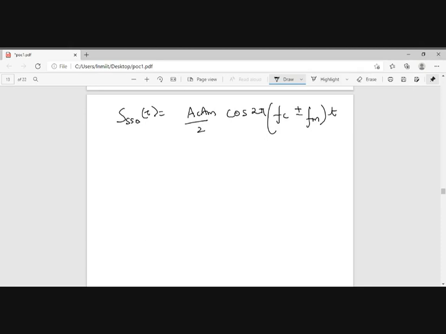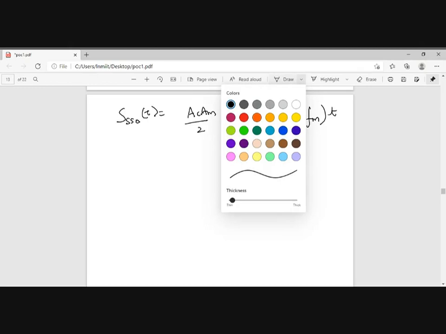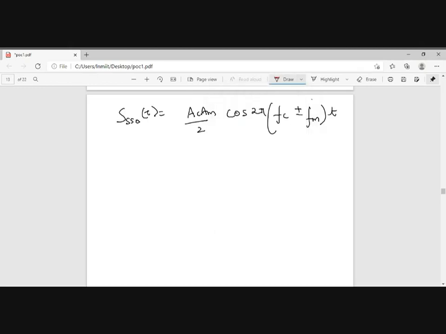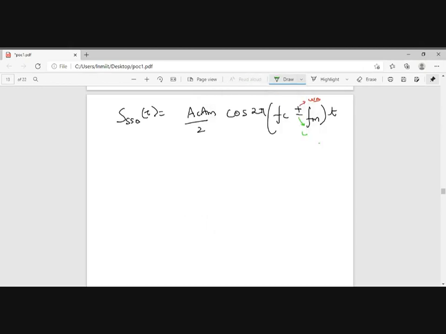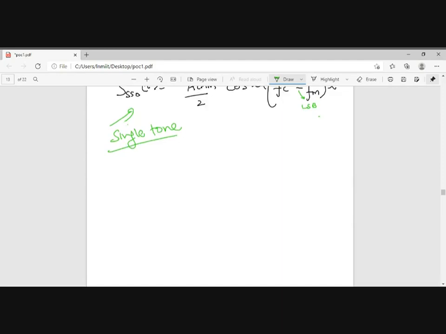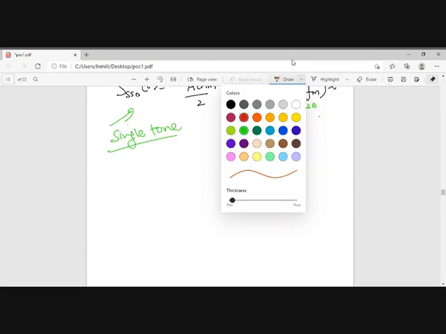If I take plus, I am going for the upper sideband, and when I take minus, I am taking the lower sideband. So this is the general expression for SSB-SC. This is definitely single tone, because there is only one frequency component of m(t). Let's see the spectrum.